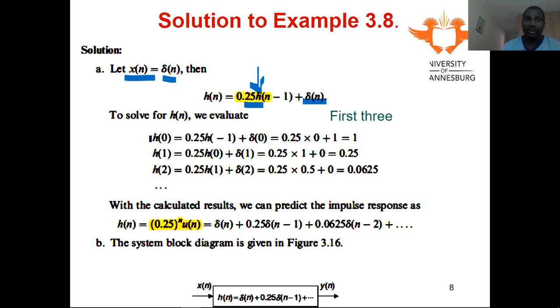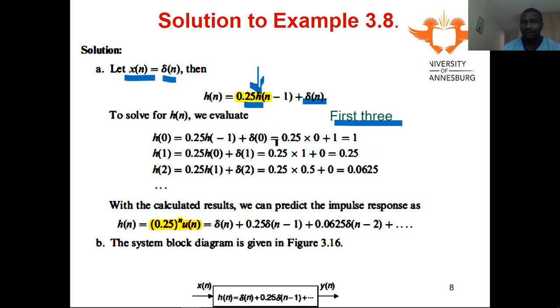Now, we use the first 3 values to find the numbers. If we come to this equation, we substitute 0 for n, and then we solve. This is what we're going to get: 0.25, times 0.